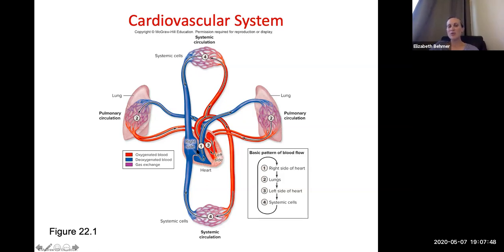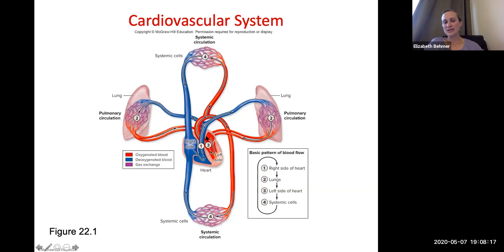So number 1, we have deoxygenated blood entering the right side and then getting pumped out through what we call these pulmonary arteries. They are the only arteries carrying deoxygenated blood because this blood will go to the lungs where it picks up oxygen. And then the pulmonary veins, which are the only veins that carry oxygenated blood in the body, will take that oxygenated blood back to the left side of the heart.